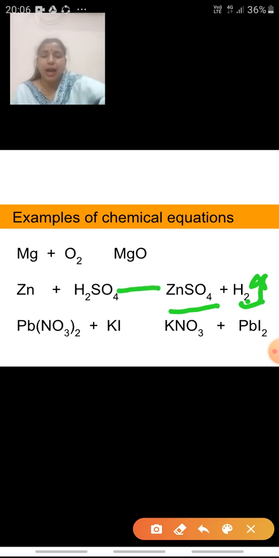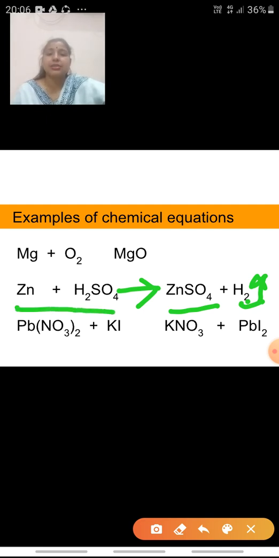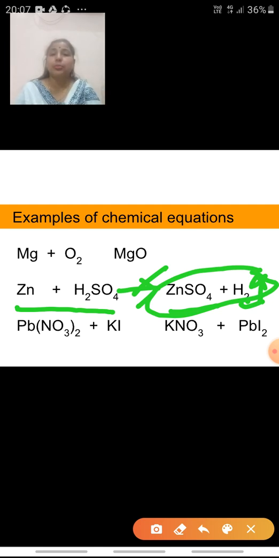Here also an arrow is there. Now see, whenever we are writing a chemical equation, the substances which are present on the left hand side of this arrow are called the reactants, and those which are present on the right hand side are called the products.